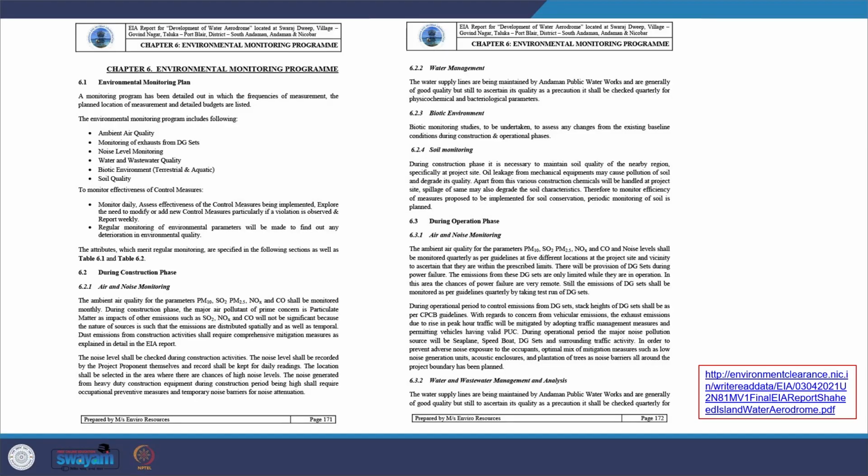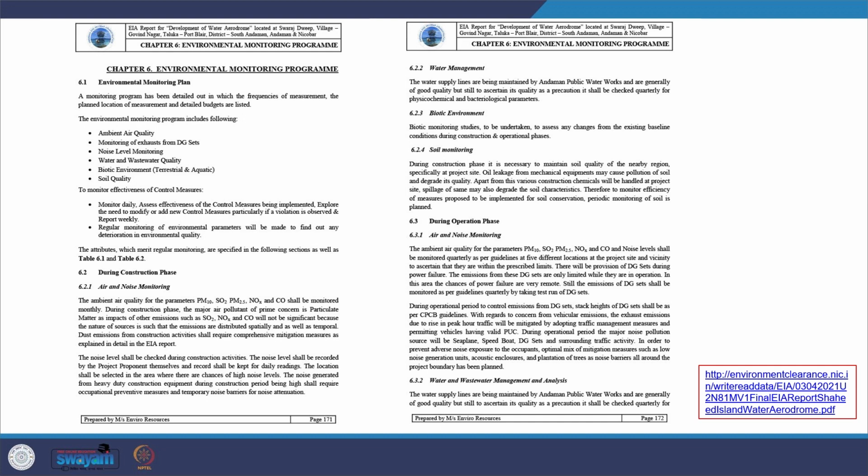Further, they present the environmental monitoring program here. So how they're going to monitor the environmental performance of the project. Phase-wise, they are giving a proposal where they look into the construction phase. During the construction phase, how they would look at the air and noise monitoring, how they're going to look at the water management, how they're going to look at the biotic environment, and how they're going to undertake soil monitoring.